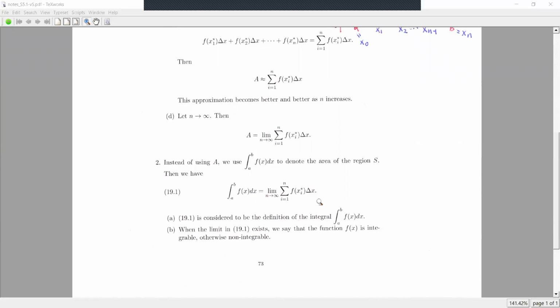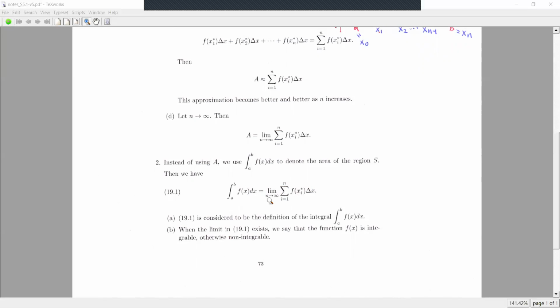This equation is considered to be the definition of the integral. What is an integral? Integral means the limit of the sum of areas of rectangles. We know that a limit may or may not exist, right? When there is more than one limit, then the limit doesn't exist.